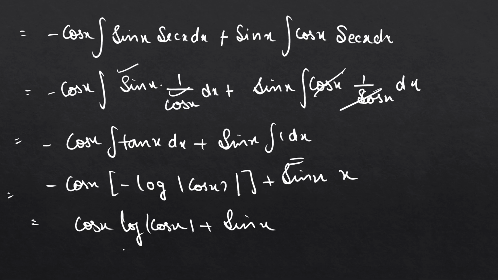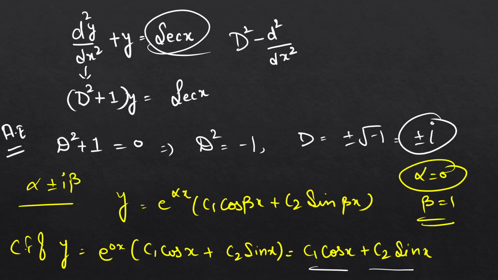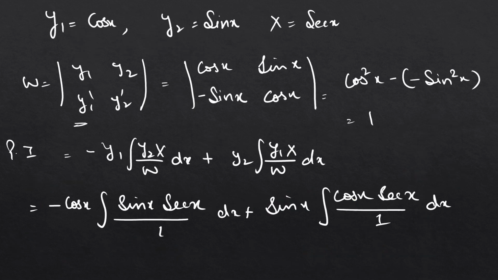Now we know what the complete solution is. The complete solution of y can be taken as the complementary function plus the particular integral. Our complementary function is c1 cos x plus c2 sin x. So we write y equals c1 cos x plus c2 sin x.